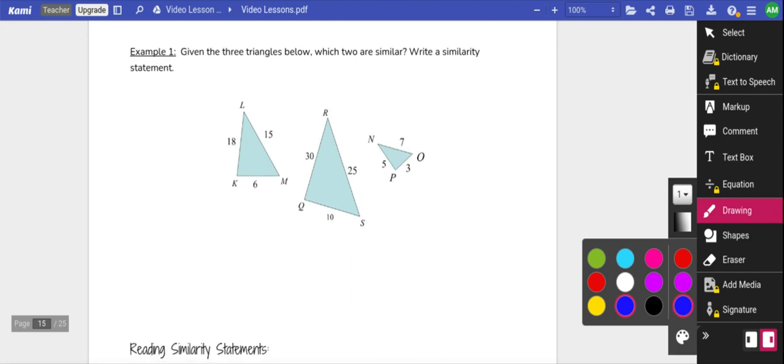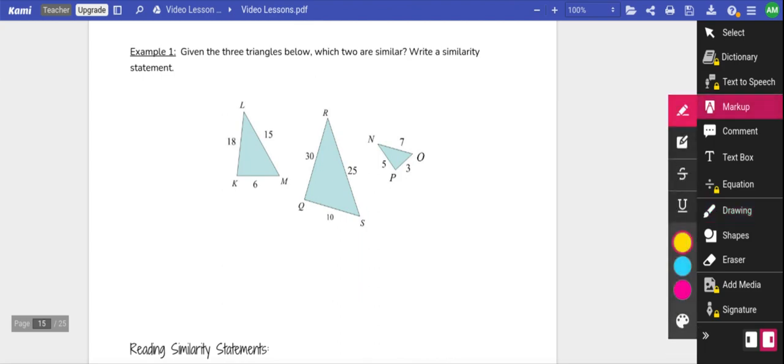Let's look at this first example and see if we can determine if these triangles are similar. So I have angle LKM, RQS, and NPO. The first thing that I'm going to do is highlight in different colors my smallest side of each.